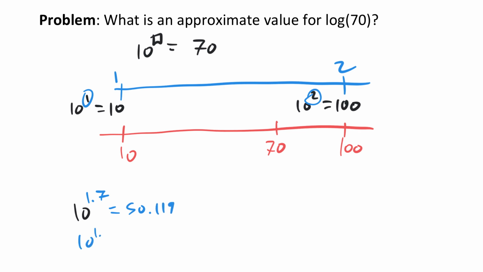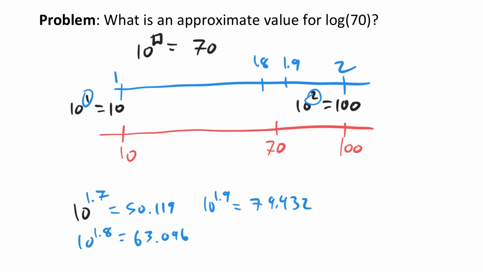So you do 10 to the 1.8 maybe. 10 to the 1.8 is 63.096. Okay, closer. Maybe 10 to the 1.9. I think that's probably going to overshoot it. Yeah, that's going to give me 79.432. So it's somewhere between 1.8 and 1.9. It's somewhere in there.